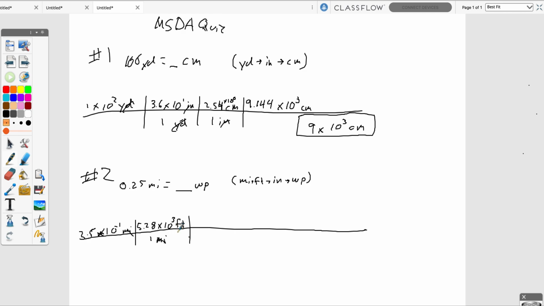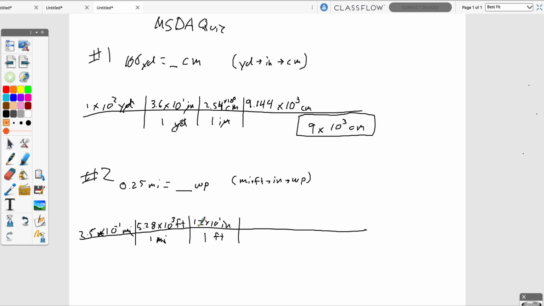Now once again, you guys, I just converted that from 5,280 to scientific notation to start with, okay? And this next one, now we have to go feet to inches, so we got to get rid of feet here. And we know that in 1 foot there's 12 inches, but 1.2 times 10 to the 1 inches.